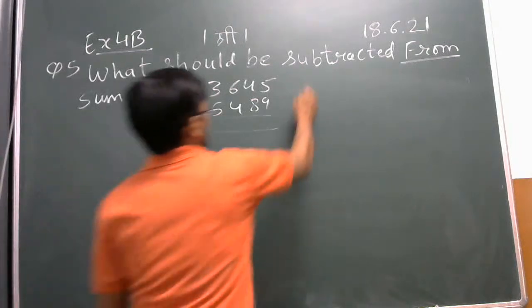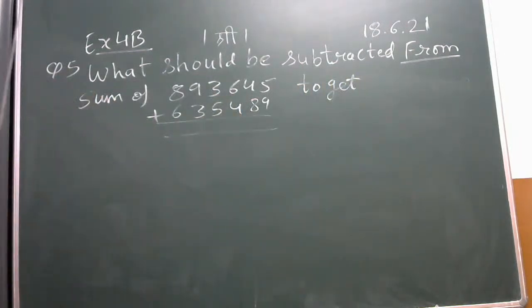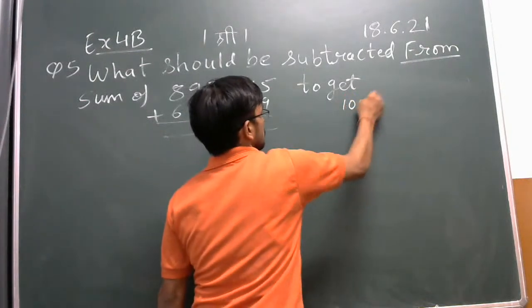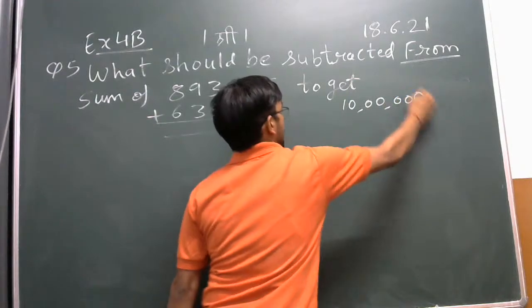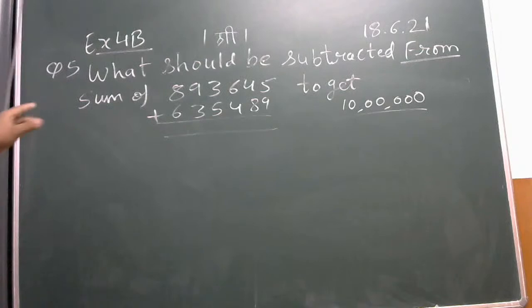To get 10,000, what should be subtracted from the sum of these two numbers to get 10,000?